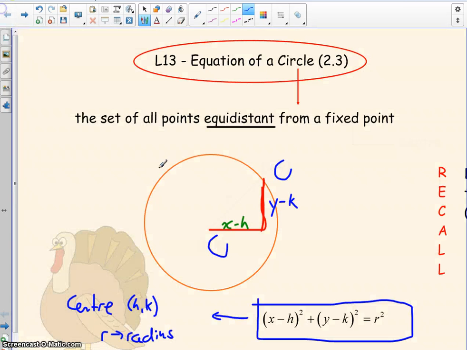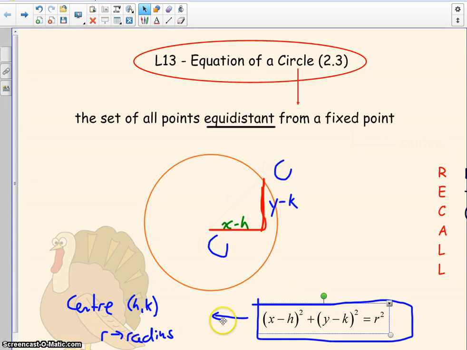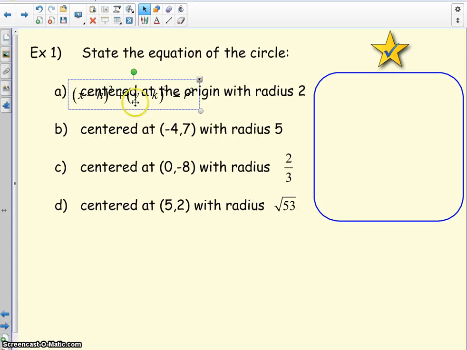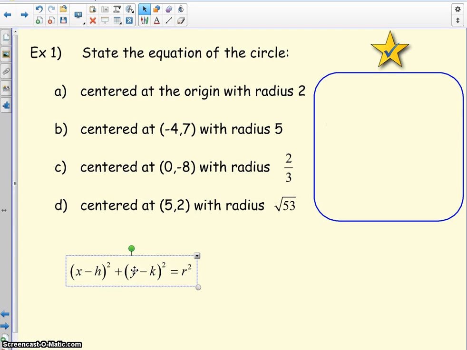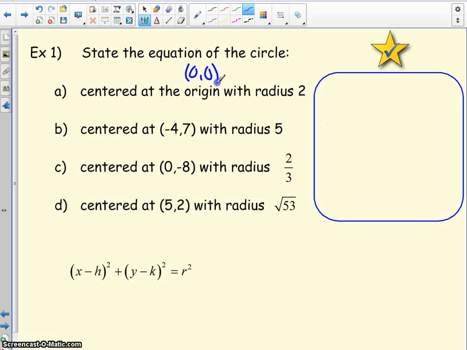So let's take the equation of the circle right over here. With that in mind, let's try and determine the equation of the circles for all these different situations. I'll do the first couple with you, then leave the last 2 with you to try. First off, we have one that's centered at the origin with a radius of 2. If it's centered at the origin, the center is at 0, 0. The radius is 2.